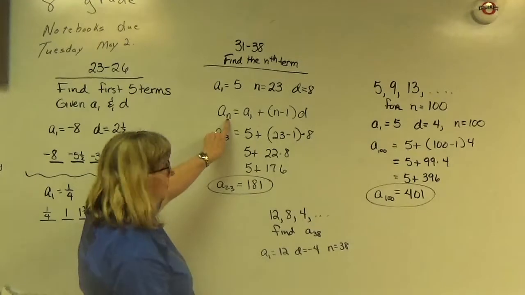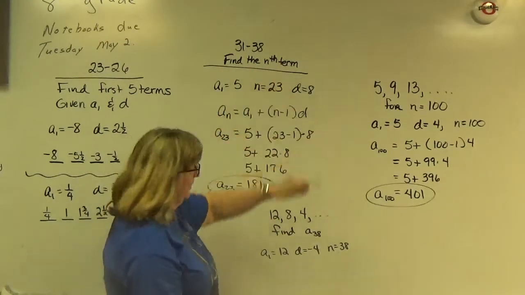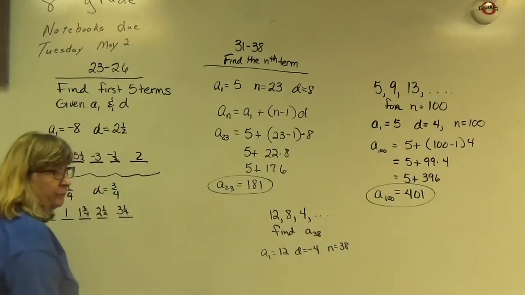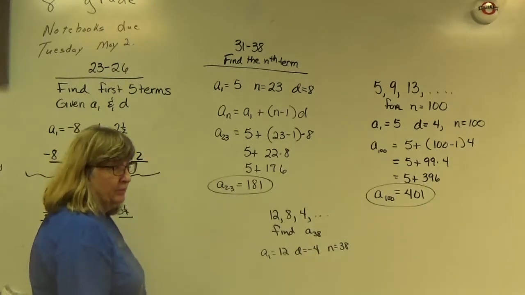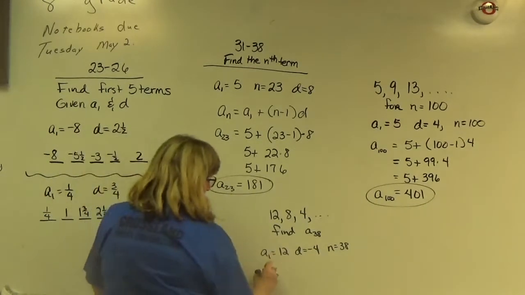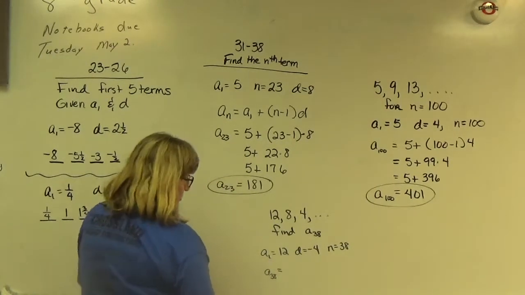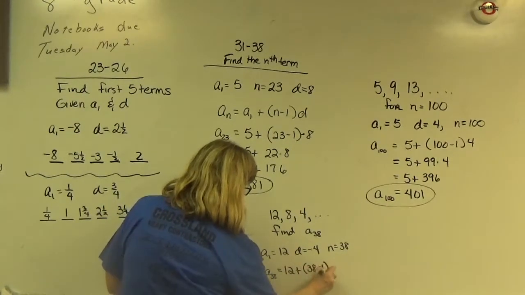Because that's what I want you to find, the nth term. Your instructions are to find the nth term, and if I said find a sub 38, that means 38 is the nth term. It says that in the instructions right up above. So a sub 38 is what we're trying to find, equals your first term, which is 12, plus parentheses 38 minus 1 times your difference.